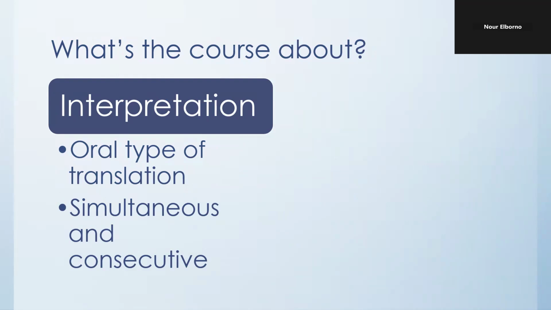Translation is written based, while interpretation depends on speaking, and it does not include transferring the knowledge from one language to another using written language, but through spoken language. So that's why we say it's the oral type of translation.